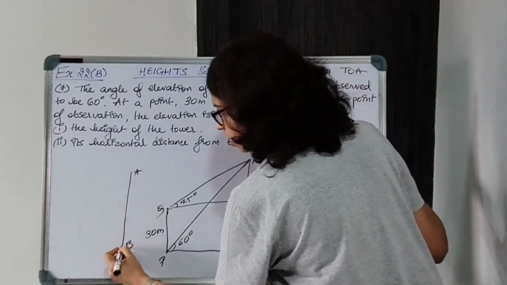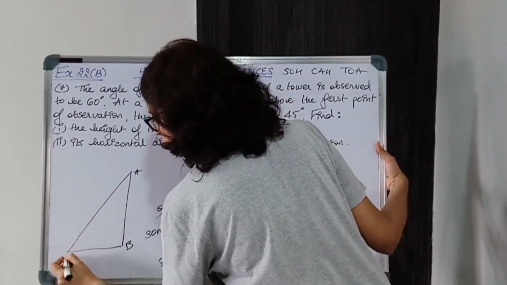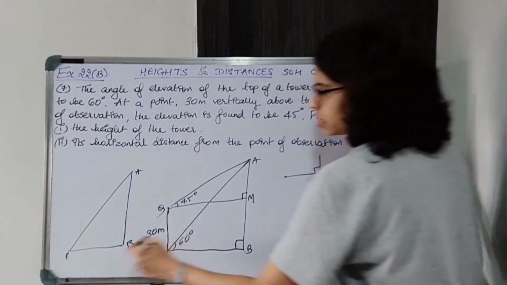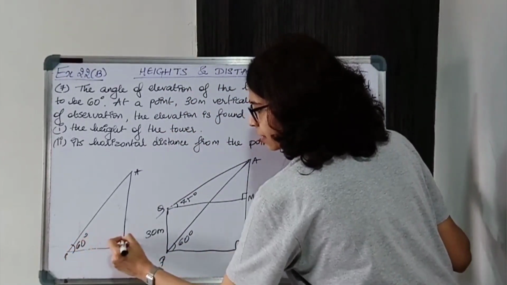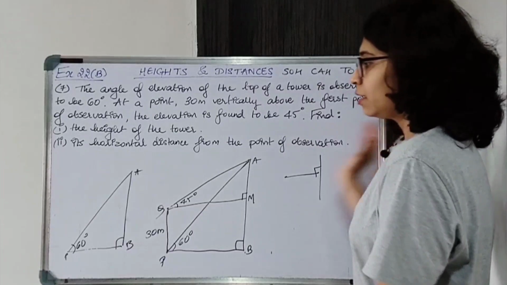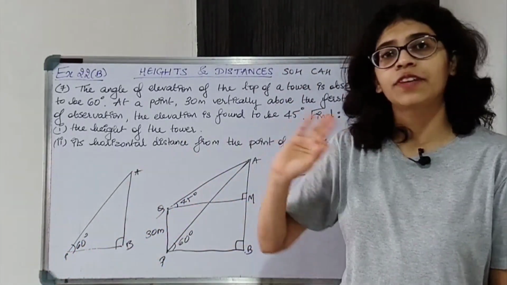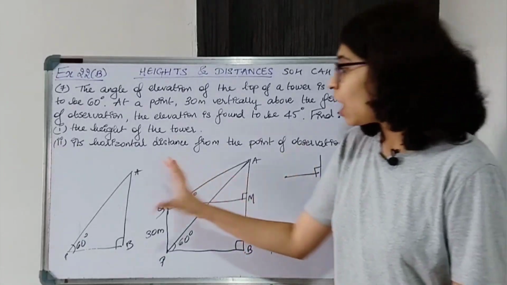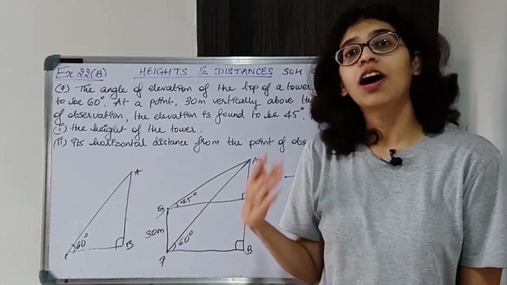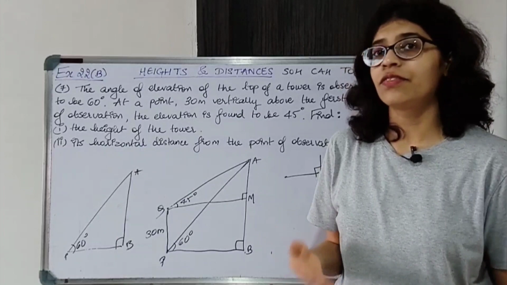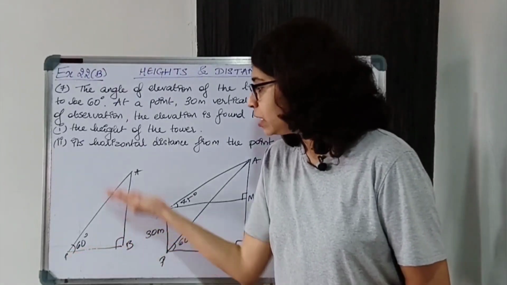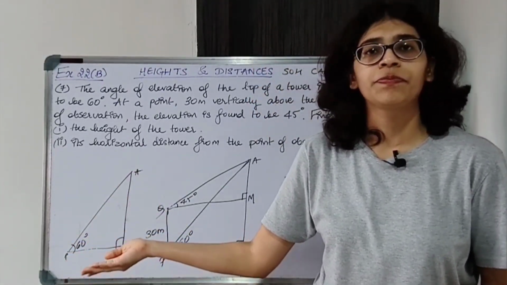In this triangle, this angle is 60 degrees, this is 90. Do we know any side of this triangle? No, we don't know the length of any of the sides. So how will we find AB? We don't have the length of PB or AP given.